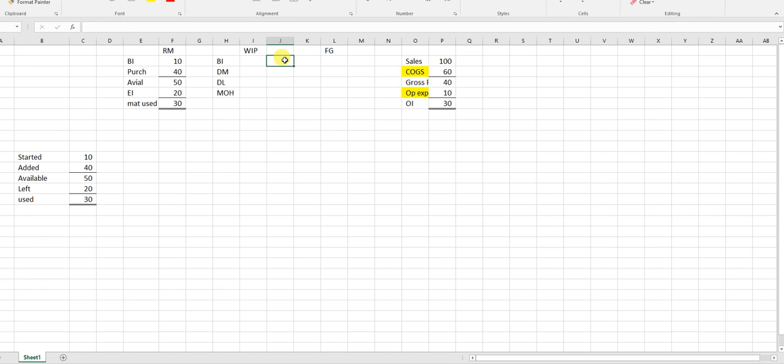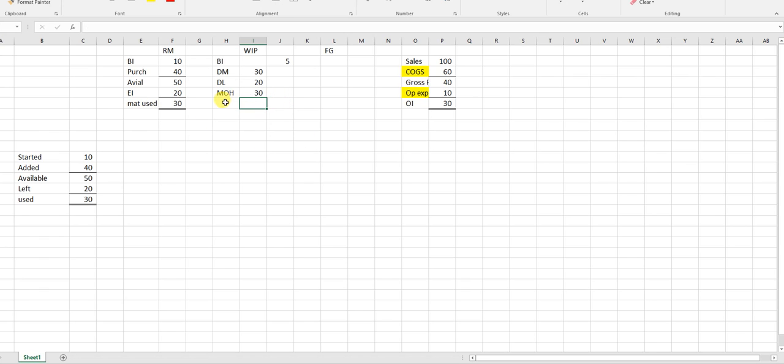So my beginning inventory, let's say again, I'm making these numbers up, are 5. My direct materials a lot of times comes right from there. Now sometimes if you have indirect materials in your raw materials, it might not be this number because raw materials includes more than just direct materials. But if raw materials only includes direct materials, this number will be there. Then let's say our direct labor is 20 and our manufacturing overhead is 30.